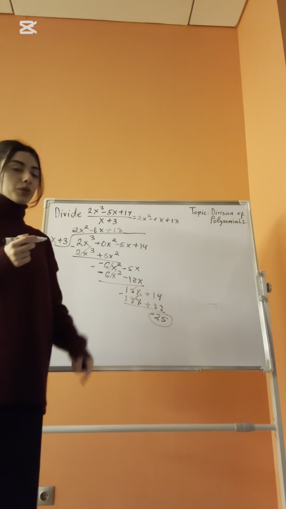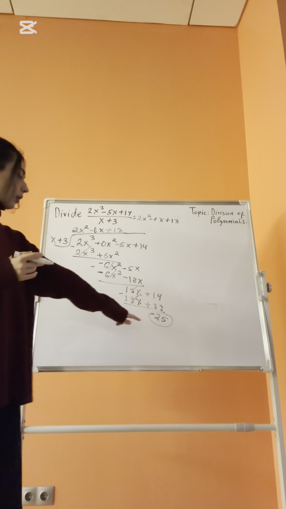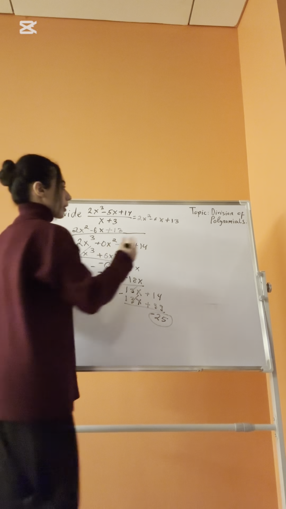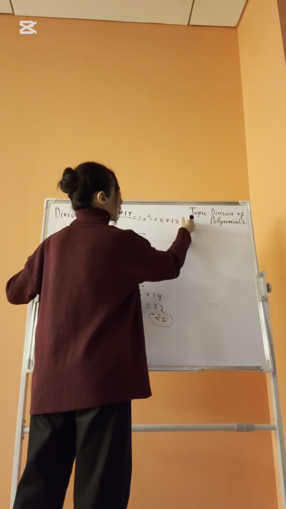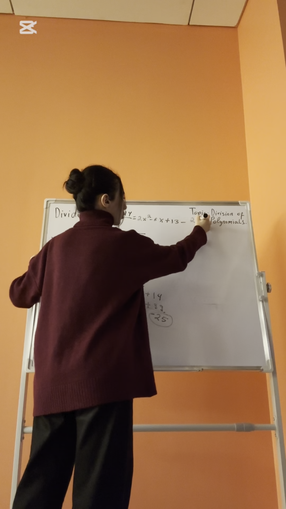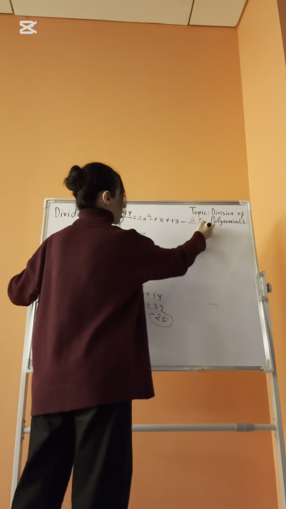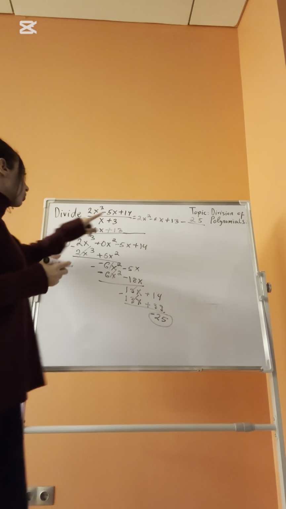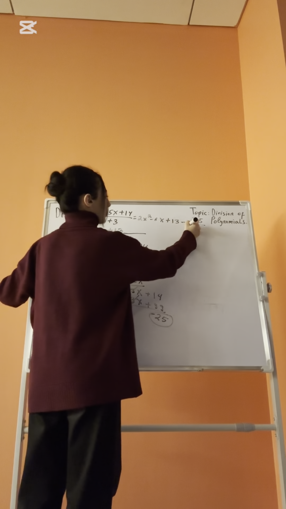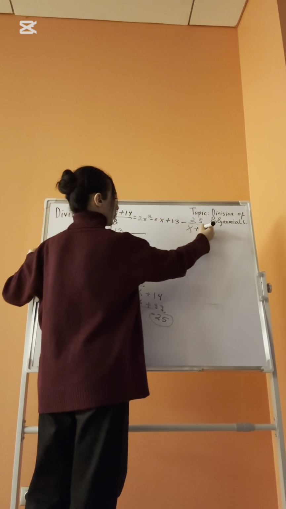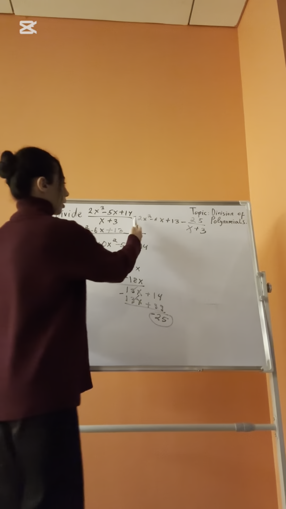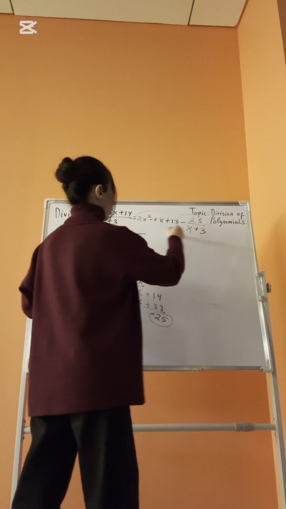And now we're going to write the remainder. Because the remainder has negative sign, we're going to write minus before, and then we're going to write 25 on top of the fraction. And at the bottom we're going to write our denominator, x plus 3. Like this. So this is our answer.